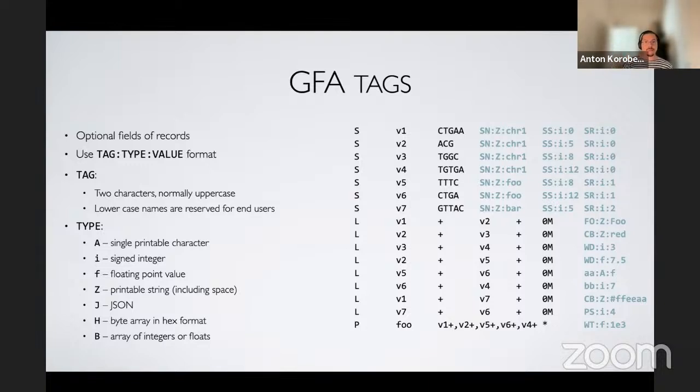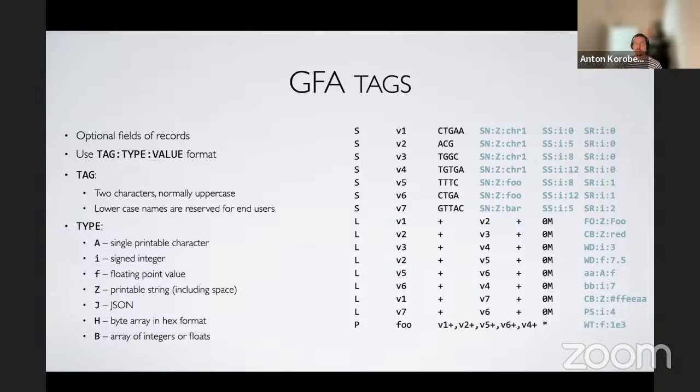Each tag essentially has a tag:type:value format, separated by the two-dot symbol. The name is two characters, normally uppercase. The spec reserves uppercase for standard tags, and lowercase names are reserved for end users.